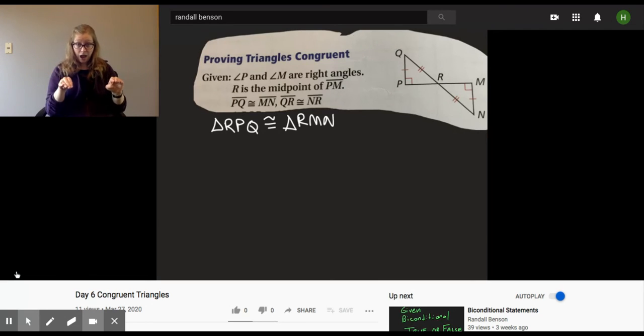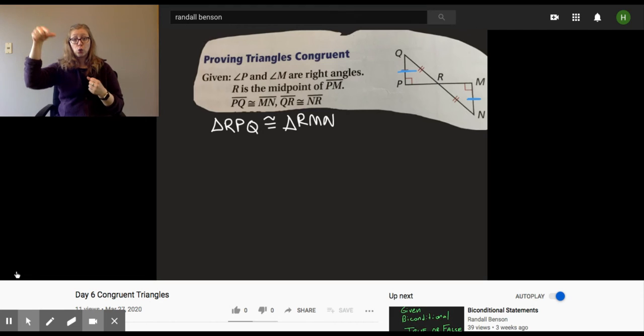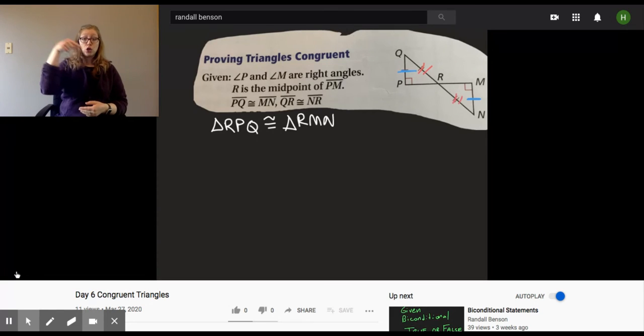And once we do that, combined with the fact that the angles are congruent, we can say that these are congruent triangles. So the first thing we're going to notice is that they gave us quite a bit of information here. We can already see that we have QP is going to be congruent to MN because they told us that in the picture. We can also see that QR is congruent to NR, and that was also given to us in the picture.